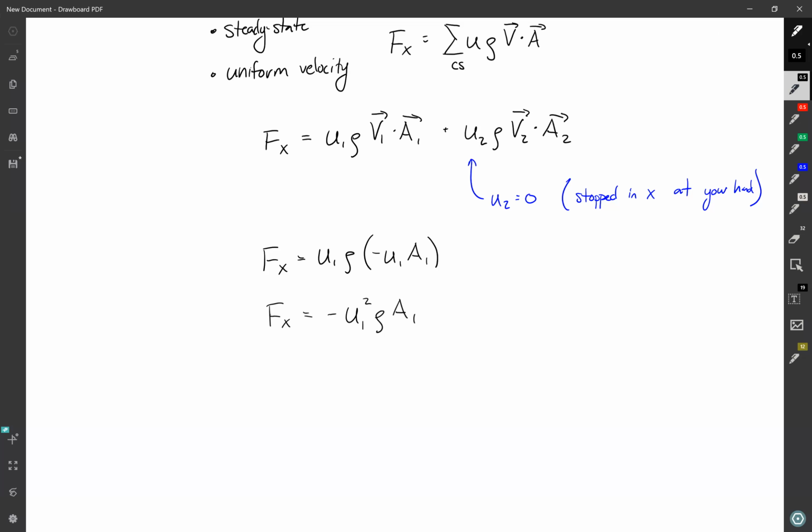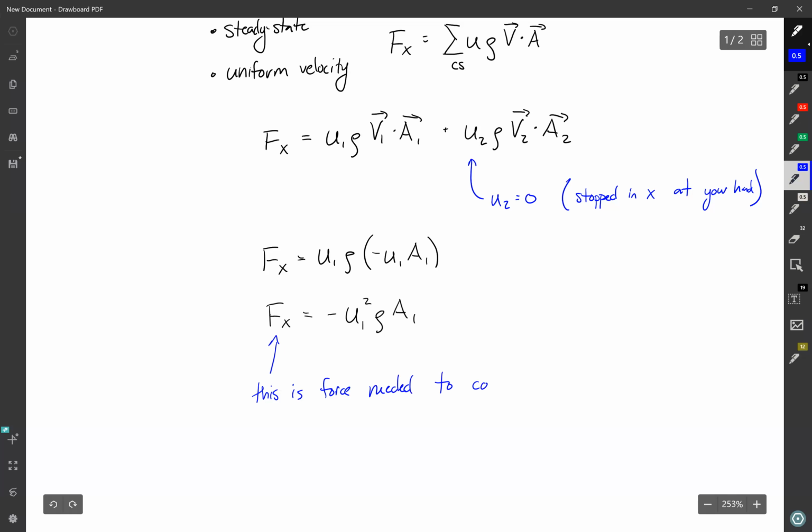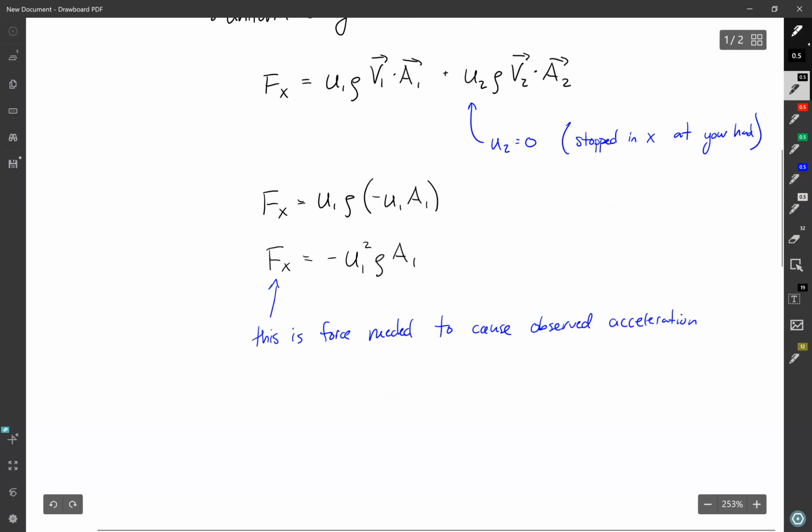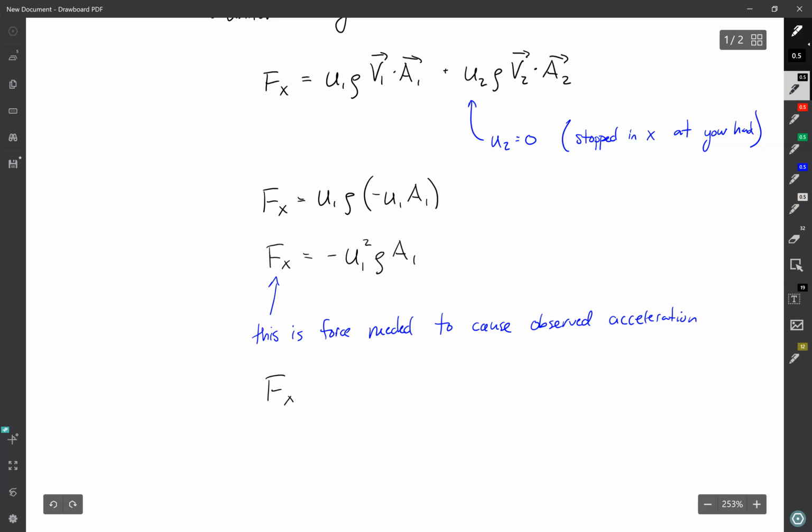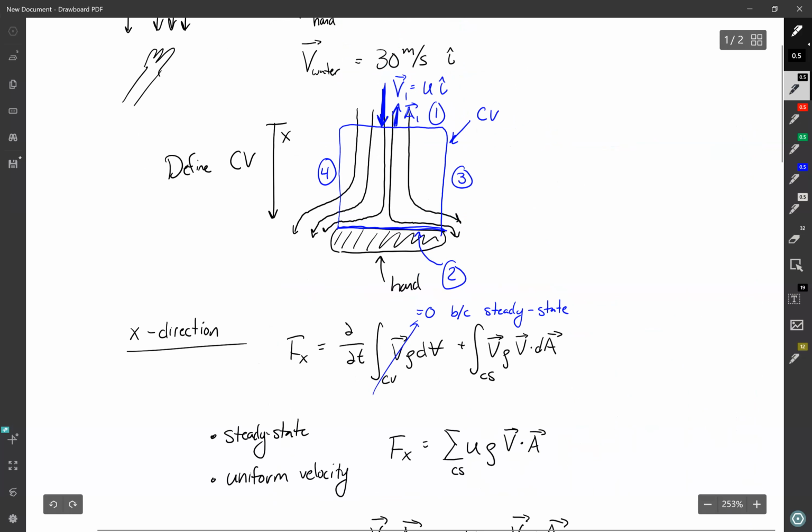Another way to think about that is, this is the force needed to cause the observed fluid acceleration. So that's the net force that needs to be acting on the control volume to cause our observed acceleration. What forces are acting on our control volume?